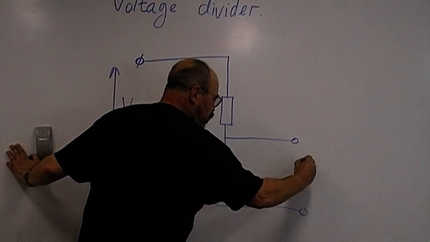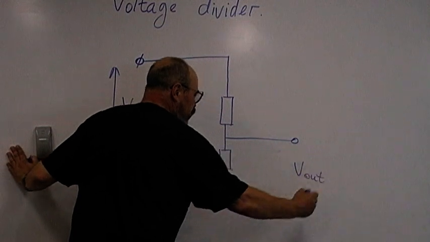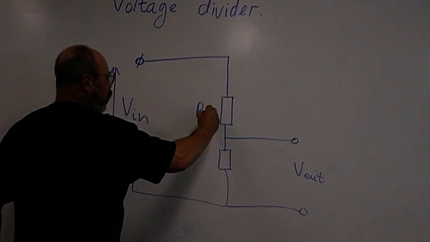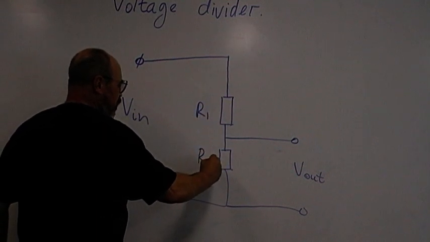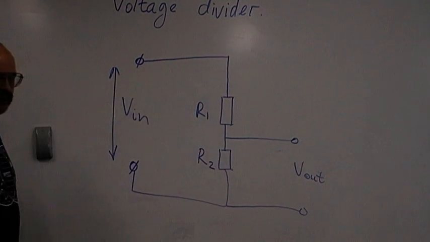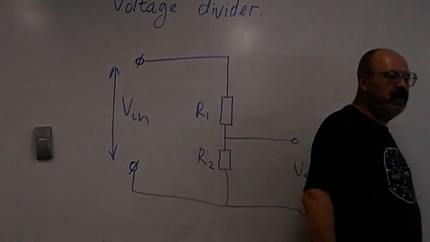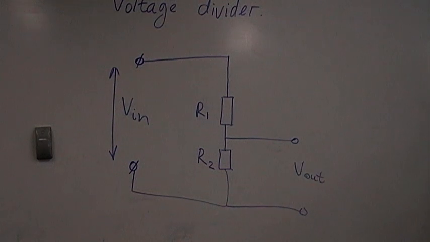That will be voltage out. Let's say this is resistor R1 and this is resistor R2. Let's find out what the voltage output of this very simple series connection will be.